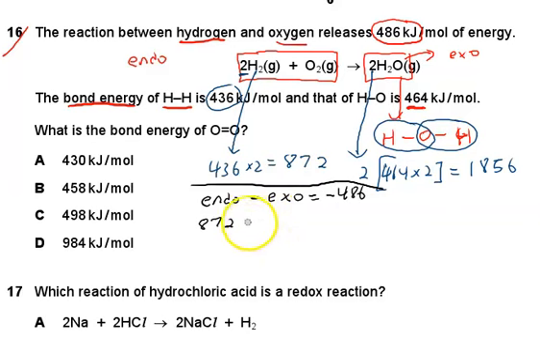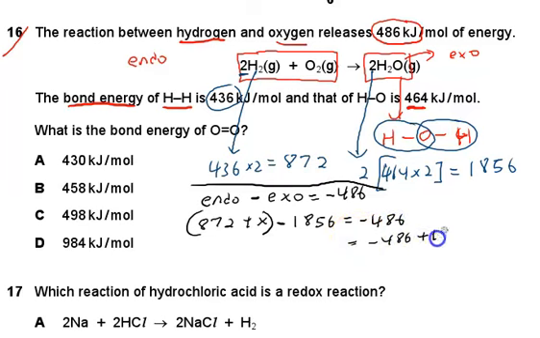So we can put here in algebra plus X, which is from the oxygen, minus X. So we can do the calculation. Here will be plus 1856 and further minus 872.